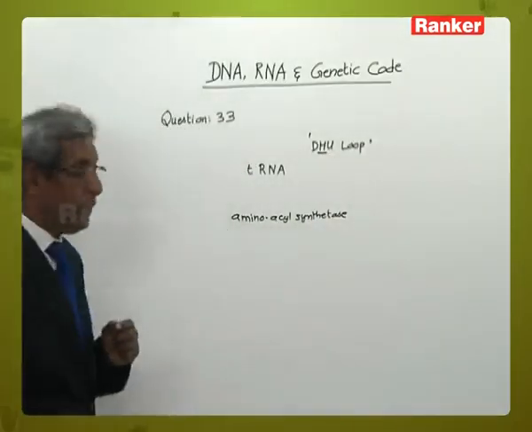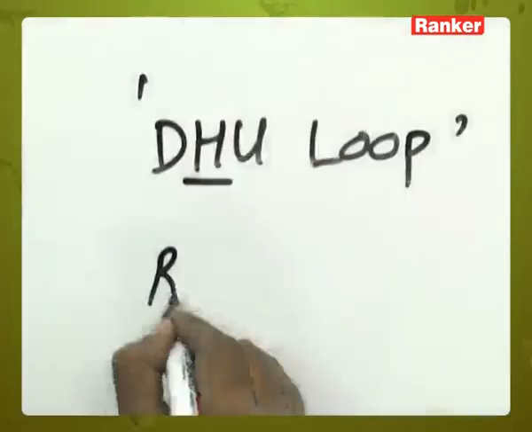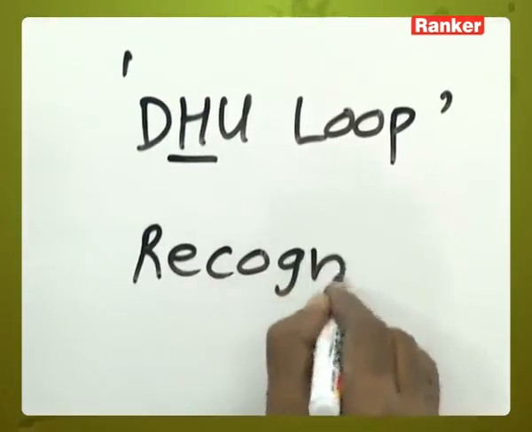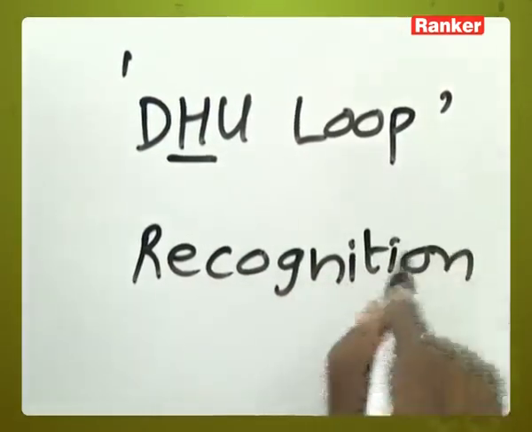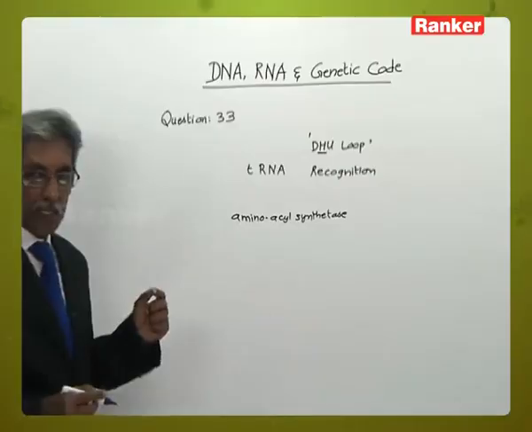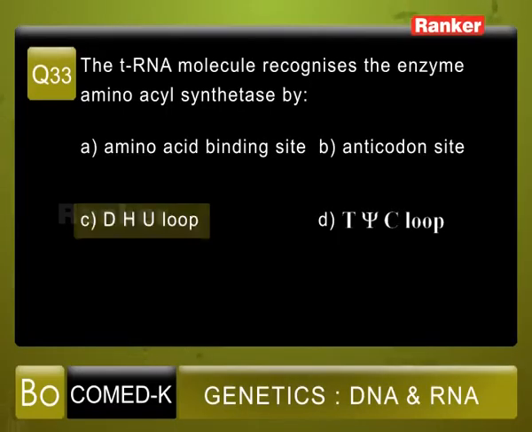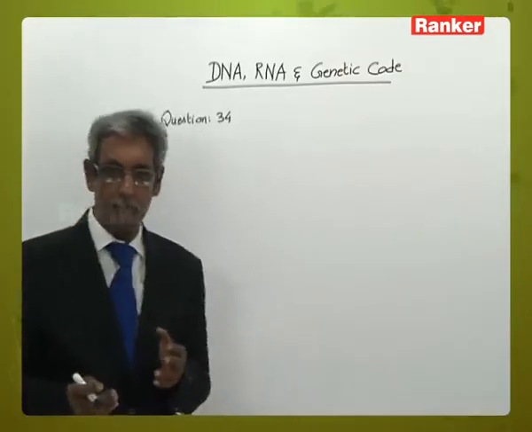The DHU loop is responsible for recognition. Hence the answer is C. We go to question number 34.